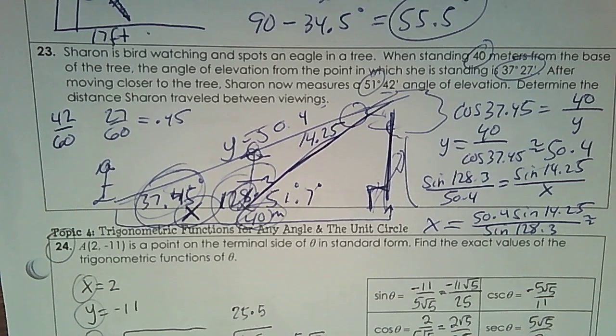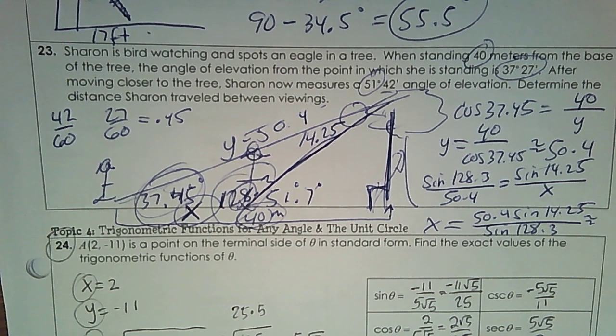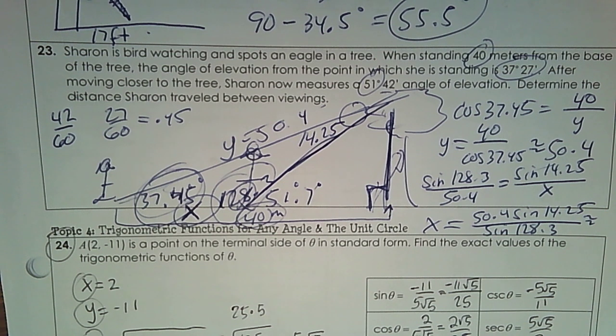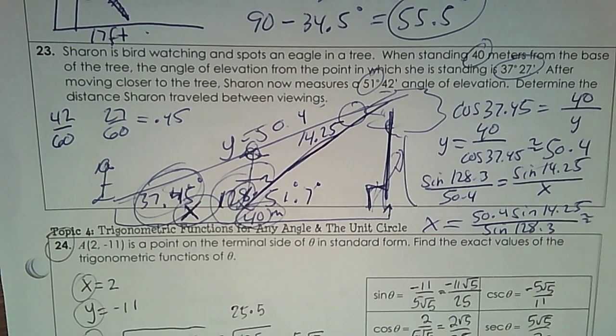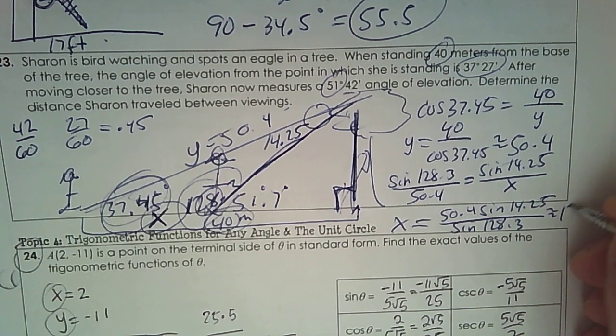And that's it. So let's put that in the calculator. 50.4 sine 14.25 divided by sine 128.3. Make sure I typed it in correctly. And the distance she traveled was 15.8, and that's in meters.